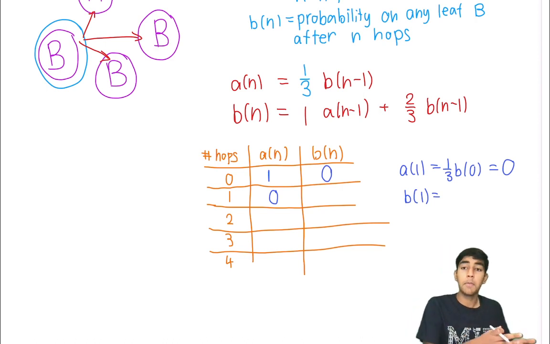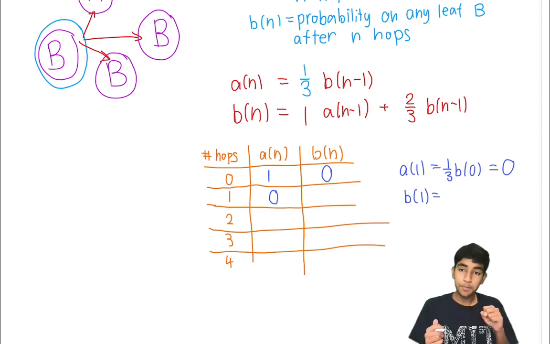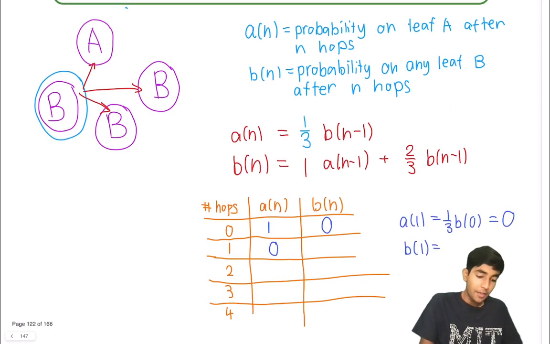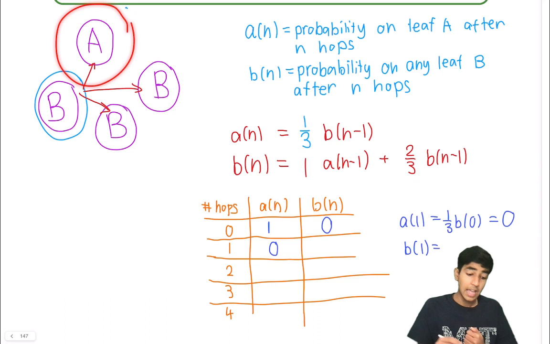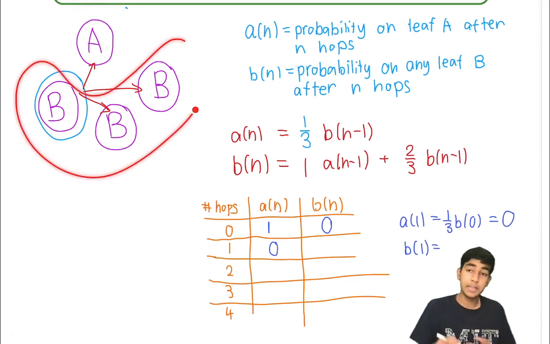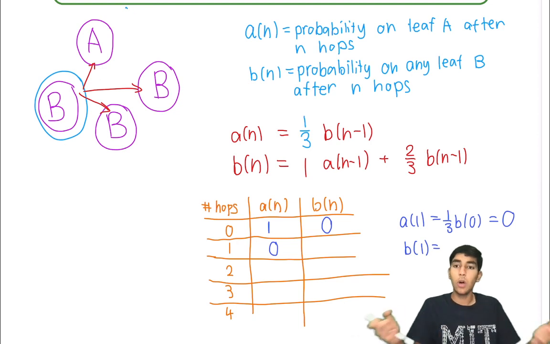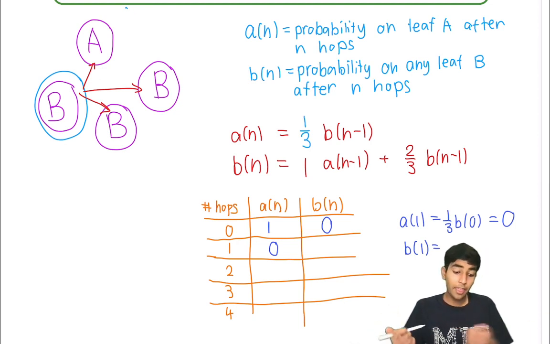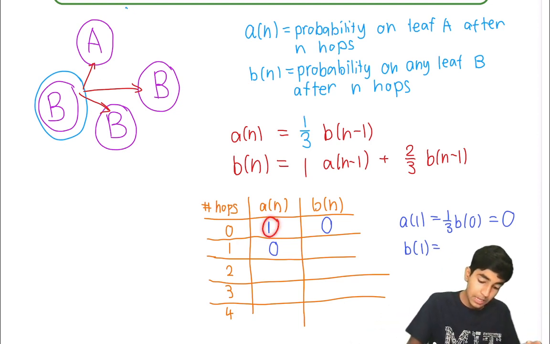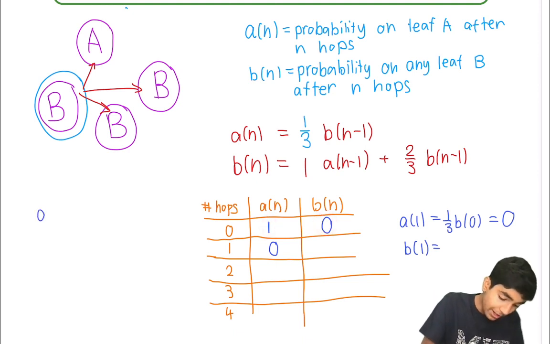Notice that the sum of probabilities is always 1, right? The sum of the probability the cricket is on A and the cricket is on any of the B lily pads is 1. The total probability is 1. So what that means is that A of n plus B of n is always 1.